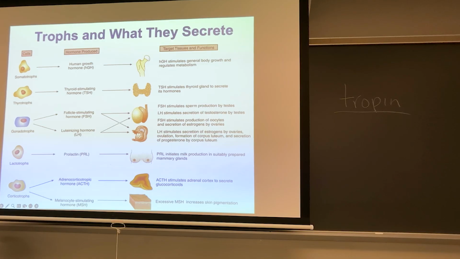But what I want you to notice is that all of these hormones in this list are tropins, except prolactin and MSH, right? And since we're just going to ignore MSH, it's just prolactin for you guys, right? So prolactin is the only one that's not a tropin. It's the only one that doesn't control another endocrine gland.